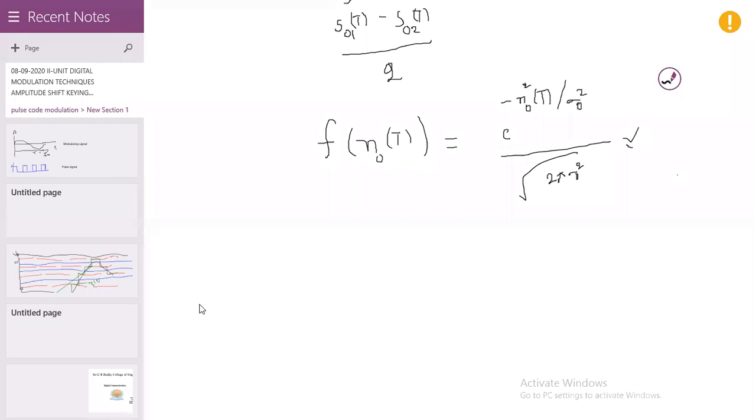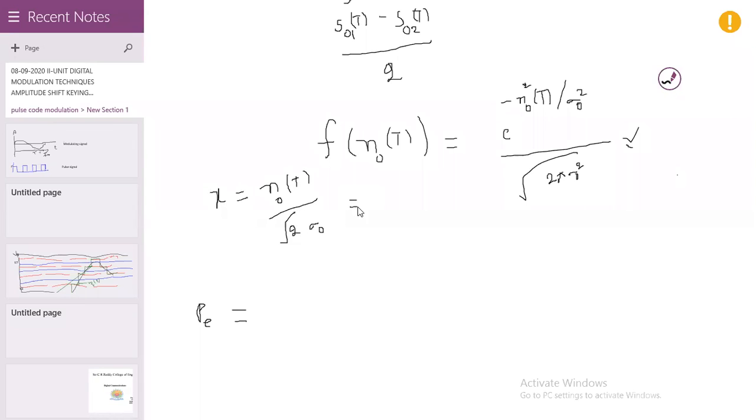So the probability of error in terms of x: what do we get here? x is equal to n naught of t divided by root 2 into sigma naught.